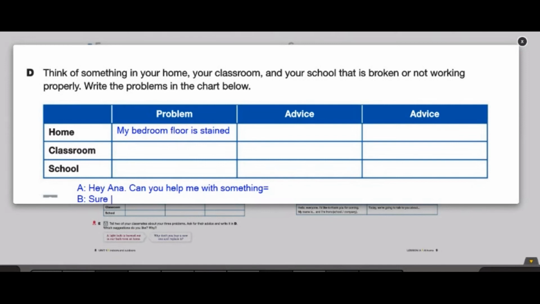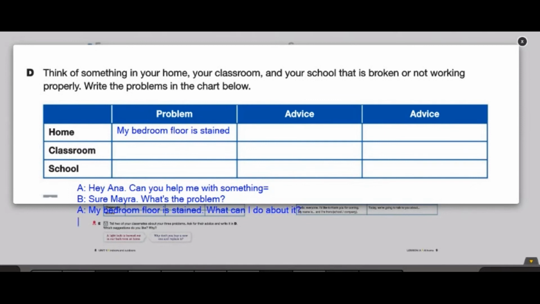Sure, Mayra. What's the problem? Then person A, Mayra, explains the problem: My bedroom floor is stained. What can I do about it?